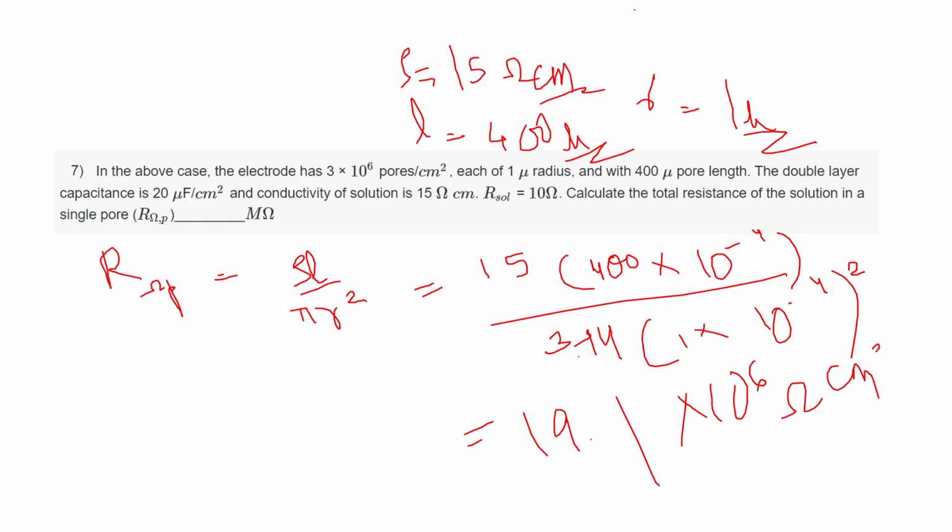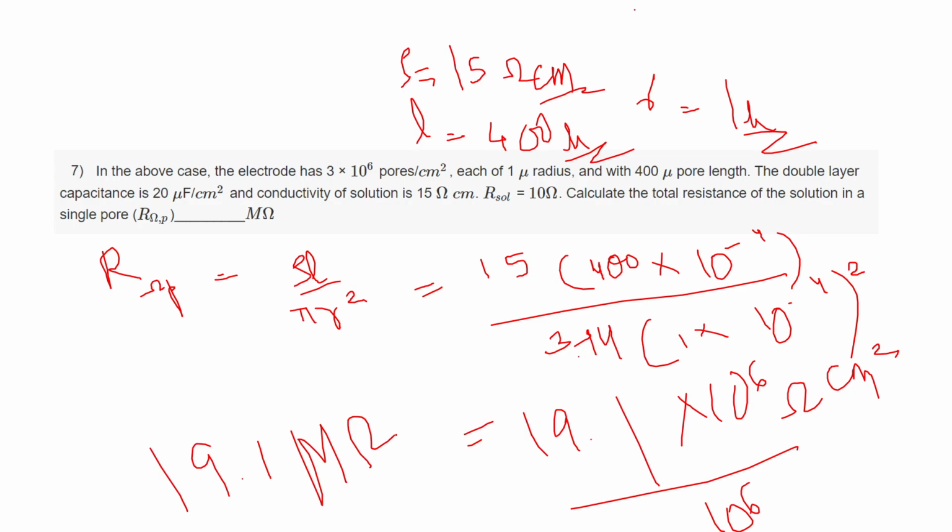To convert to mega ohms, you have to divide by 10 to the power 6. Finally, your answer will be 19.1 mega ohm. Sorry, it's only in ohm, no centimeter square. Mega ohms, okay, this is the answer. Any doubt, anyone?